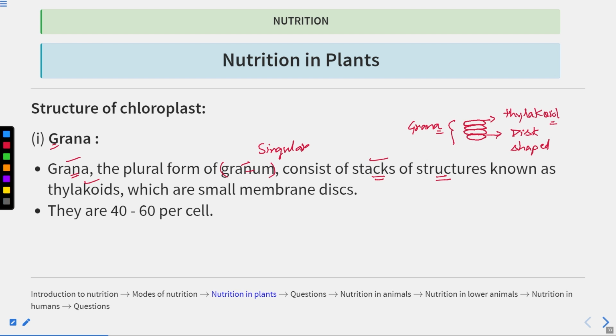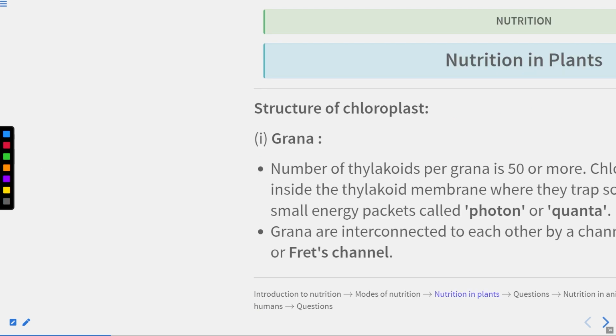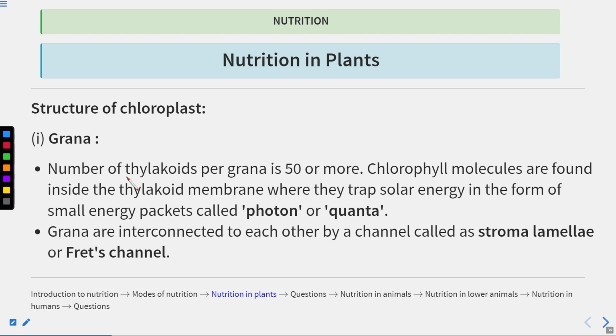So grana are made up of stacks of the structures known as thylakoids, which are small membranous discs, and they are 40 to 60 per cell. The number of thylakoids per grana is 50 or more, and the chlorophyll molecules are found inside the thylakoid membrane, where they trap the solar energy in the form of small energy packets called photons or quanta.